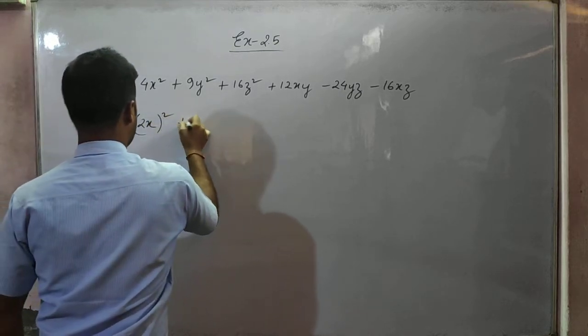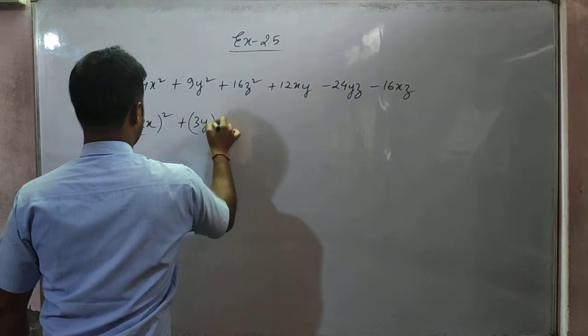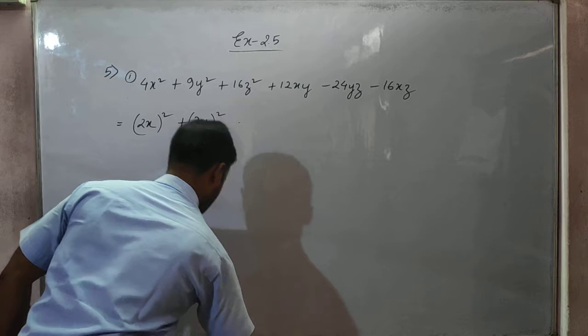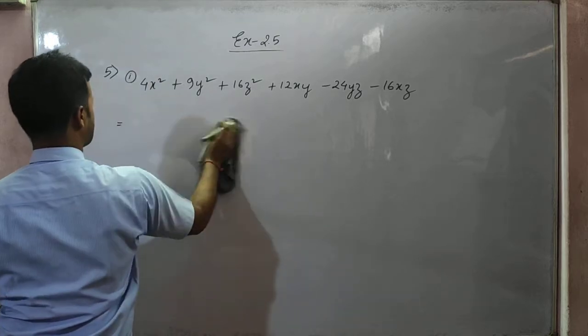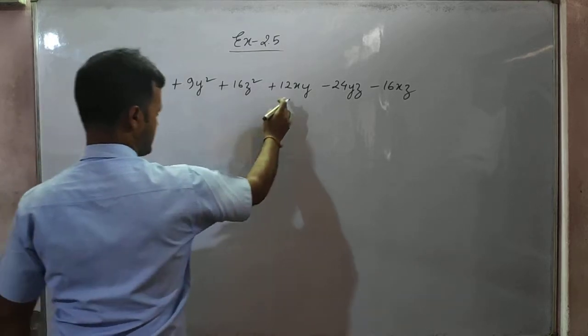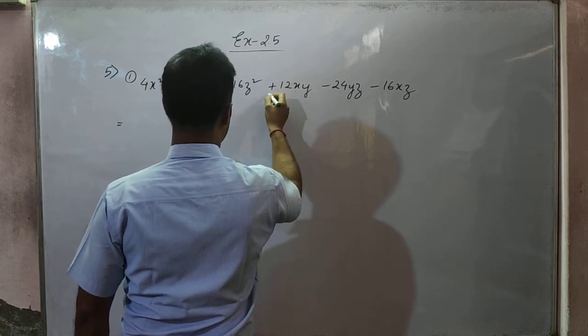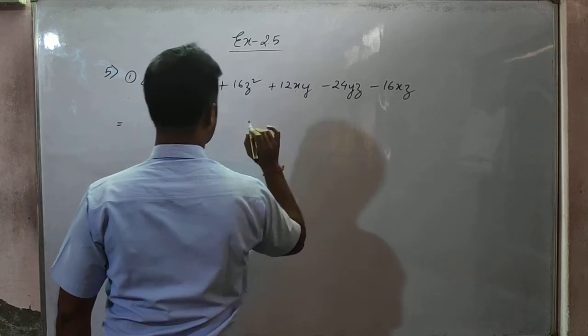2x whole square, 3y whole square. Okay, so wait, before xy plus sign is x.